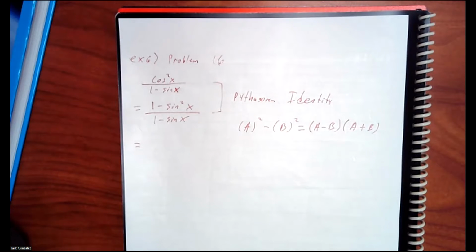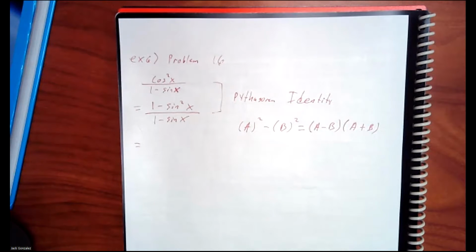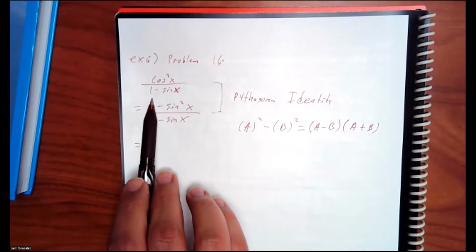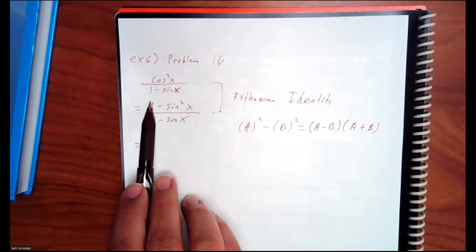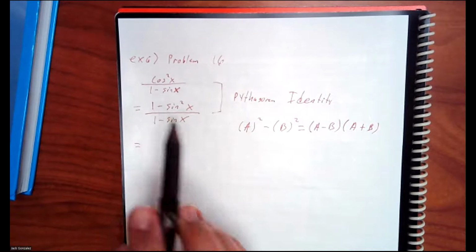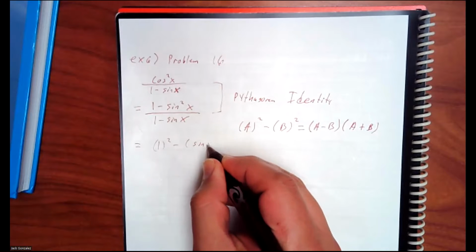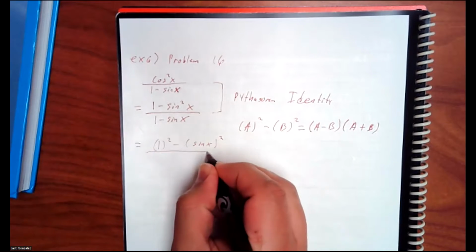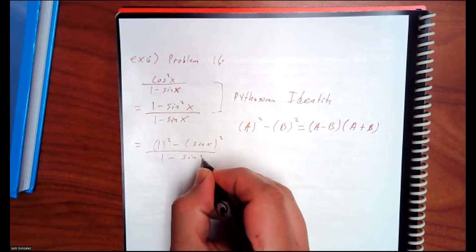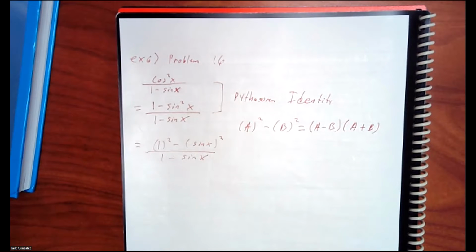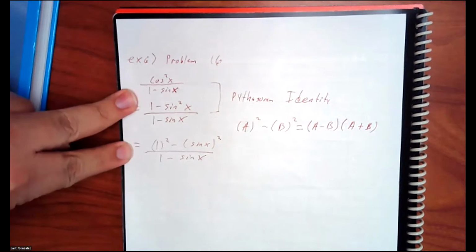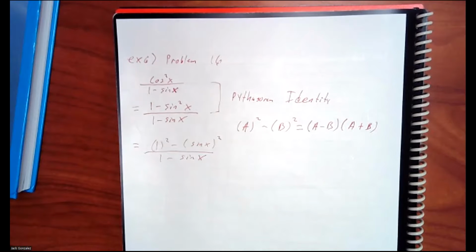College algebra, and pretty much most math classes, you'll see it over and over again. So this 1, if I write it as a square, it's still a 1, correct? 1 squared is 1. So what I want you to see is that this is a difference of squares. Is that clear? You see how these are the same? Or no?